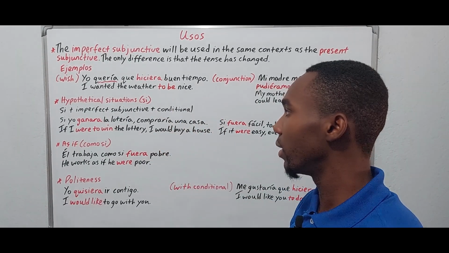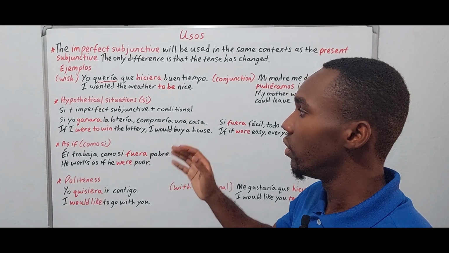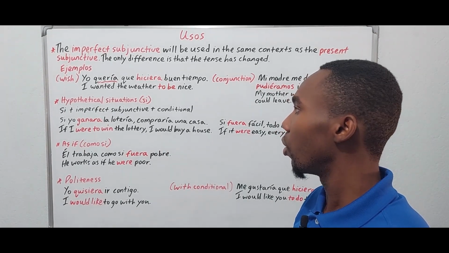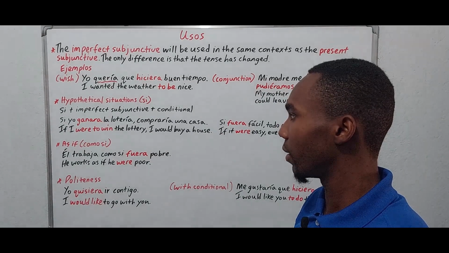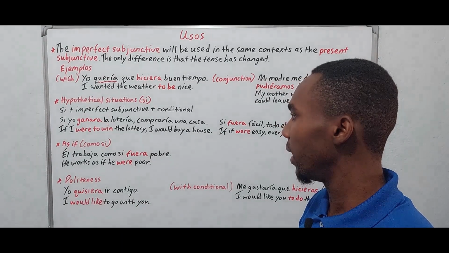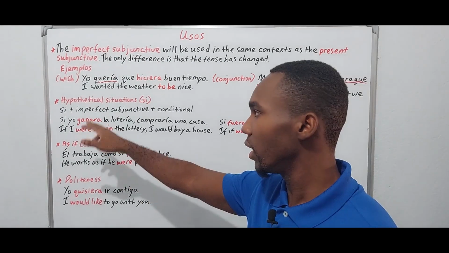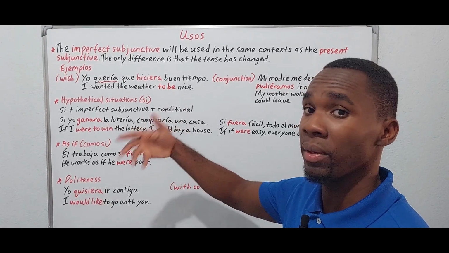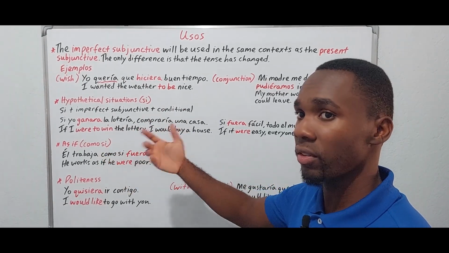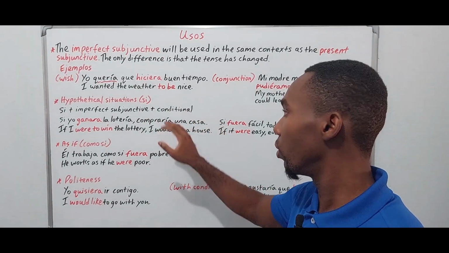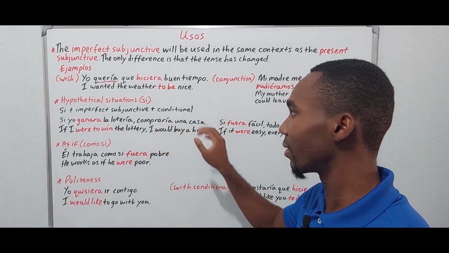So let's look at some examples. Si yo ganara la lotería, compraría una casa. If I were to win the lottery, I would buy a house. So you see, after si, we have the imperfect subjunctive, that is the hypothetical, right? If that were to happen, and what you would do: compraría una casa.